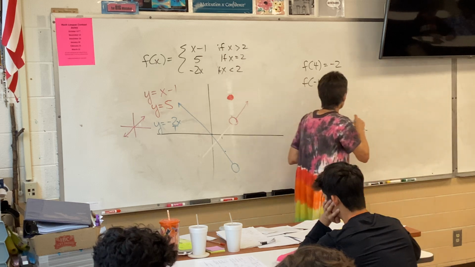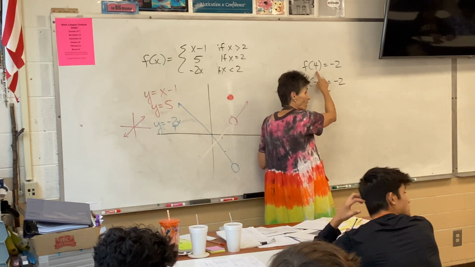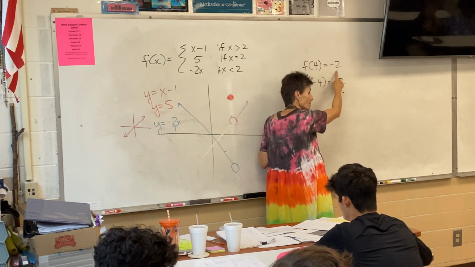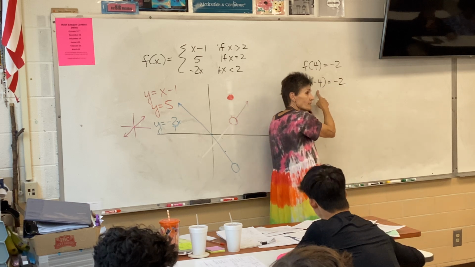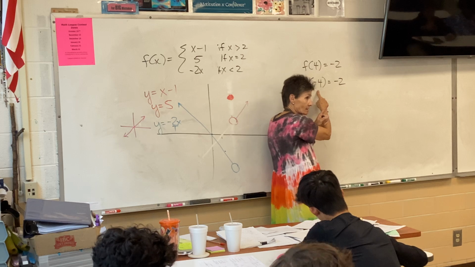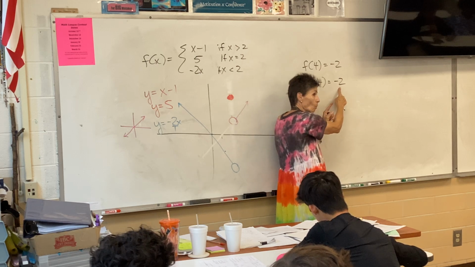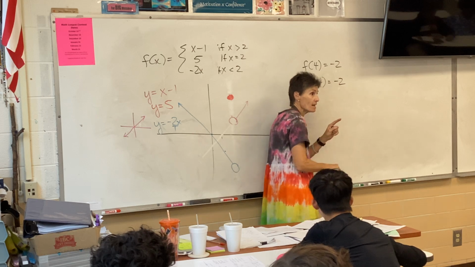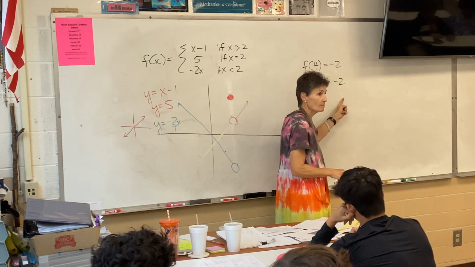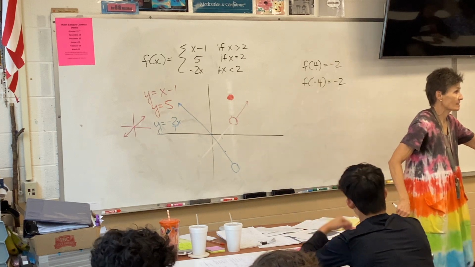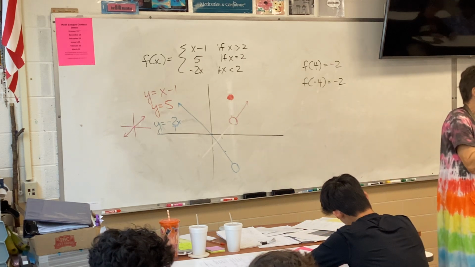So let's look at what happened here. I put in 4, and I got negative 2. Then I changed the sign on x, right? What happened to y? It stayed the same. So changing the sign on x didn't change anything.